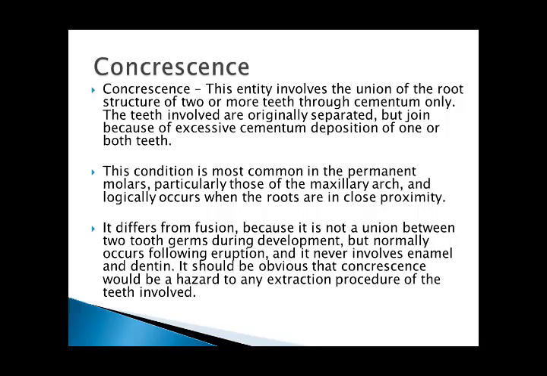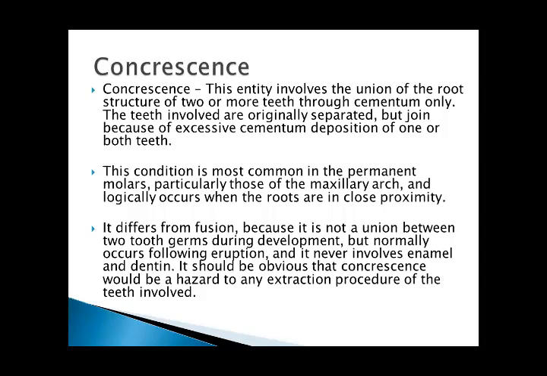Concrescence involves the union of the structure of two or more teeth by cementum only. The teeth involved are originally separated but joined because of excessive cementum deposition of one or both teeth. The condition is most common in the permanent molars, particularly those of the maxillary arch, and logically occurs when the roots are in close proximity.